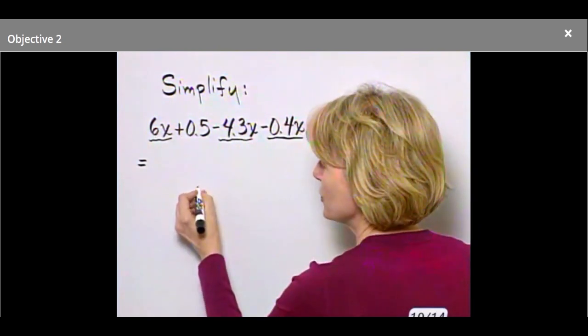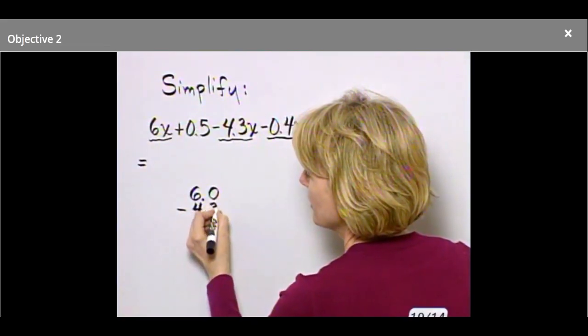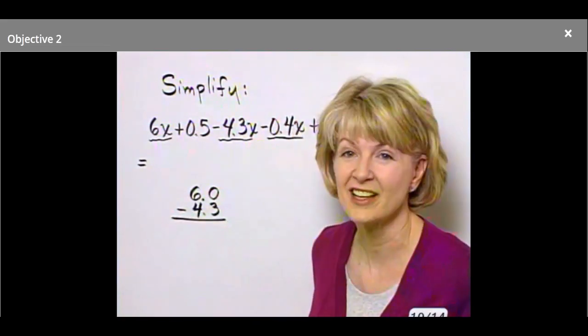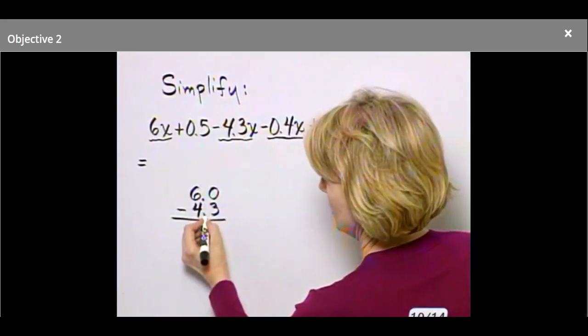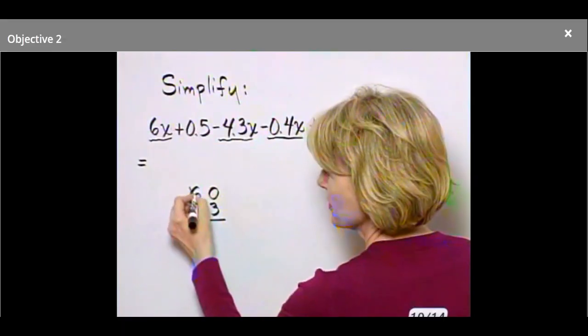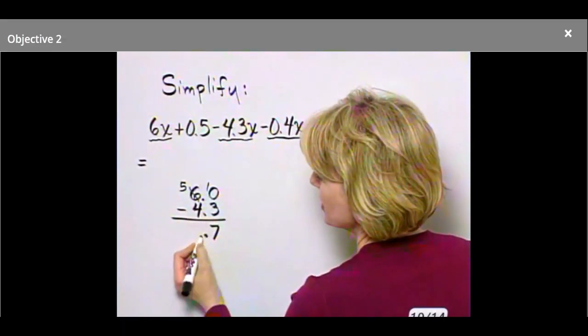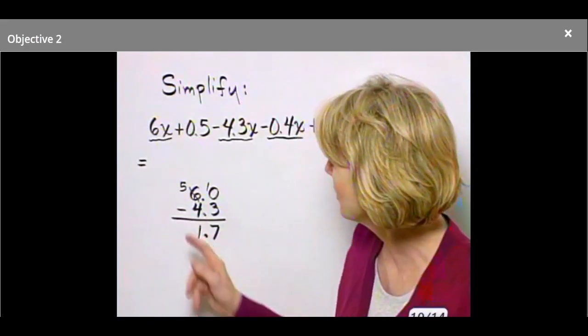Now, if you need to, go off to the side and remember how you subtract decimals. You line up decimal points and line up place values. This is 5. 10 minus 3 is 7. Decimal point. 5 minus 4 is 1.